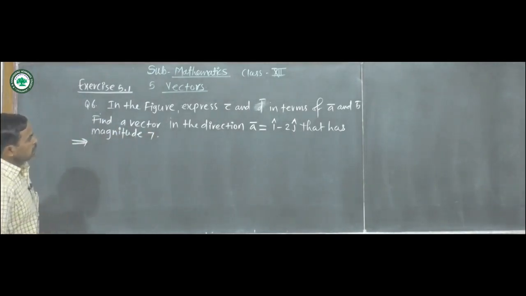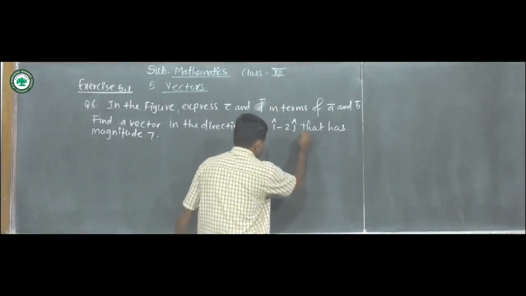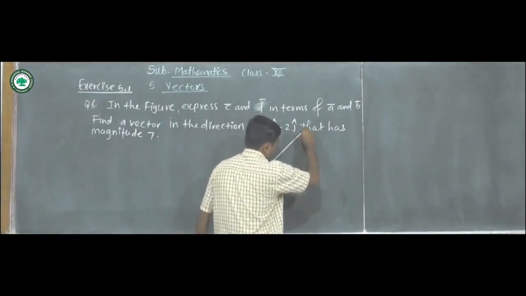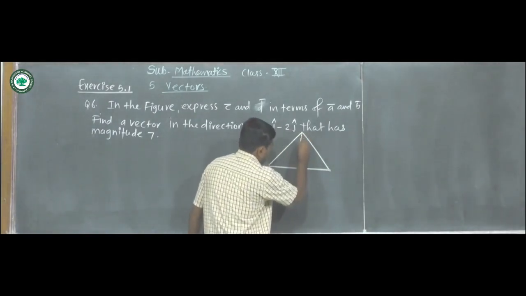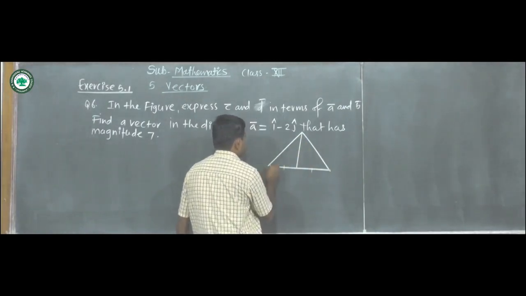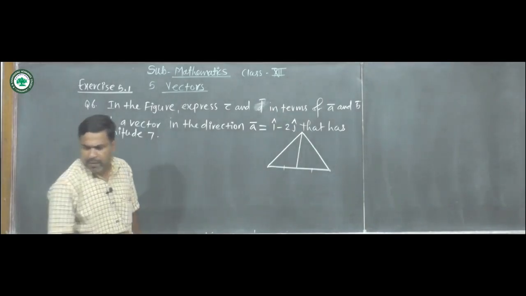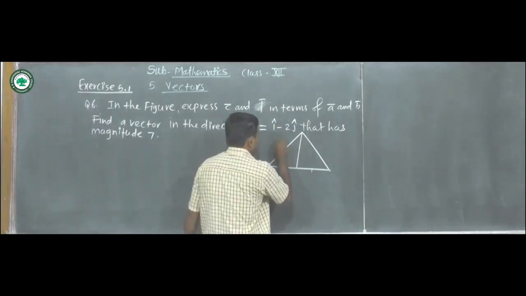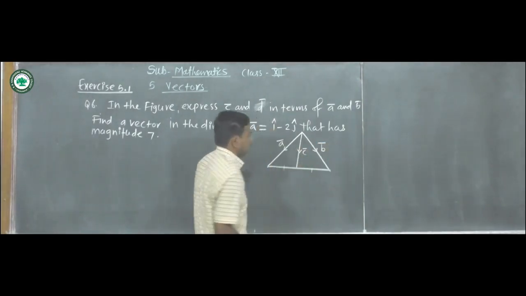Okay. See the question carefully. In the figure means here the figure is also given, and that figure is A bar, C bar, and this is vector B bar.